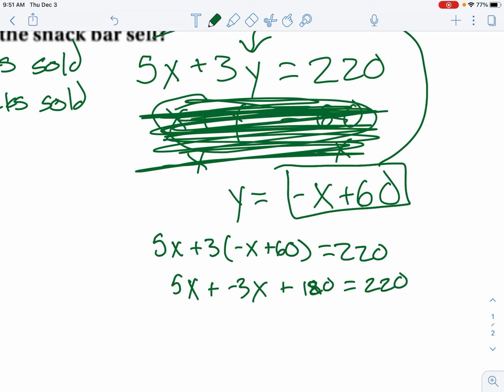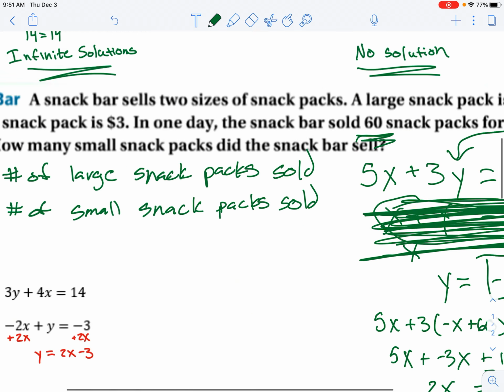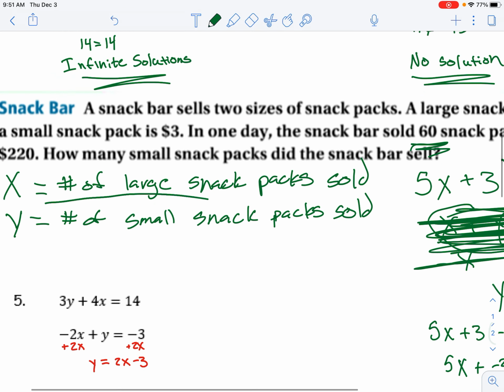Okay, so combining like terms, I would get 2x, and then I could subtract 180 from both sides. So 2x would equal 40. So that means x equals 20, and 20 was our what? Number of large snack packs sold.